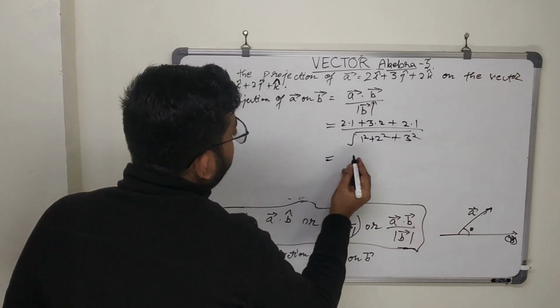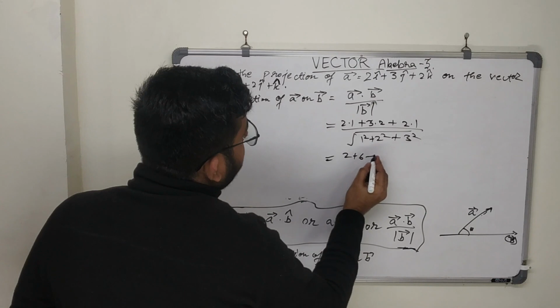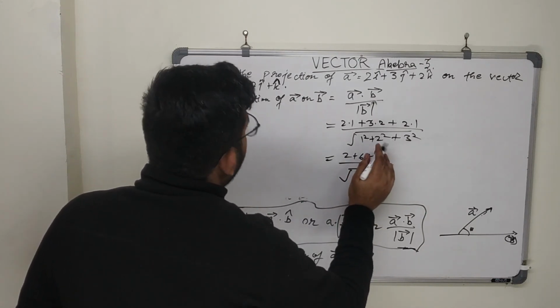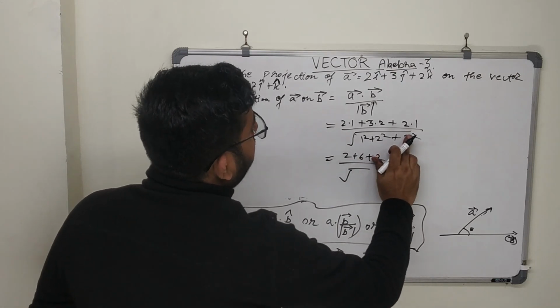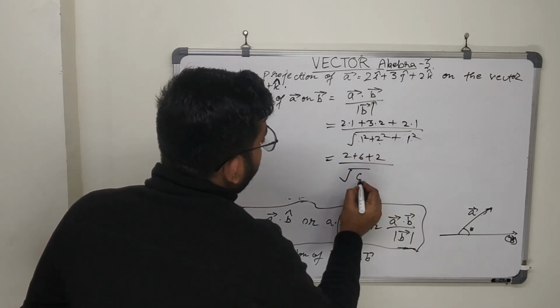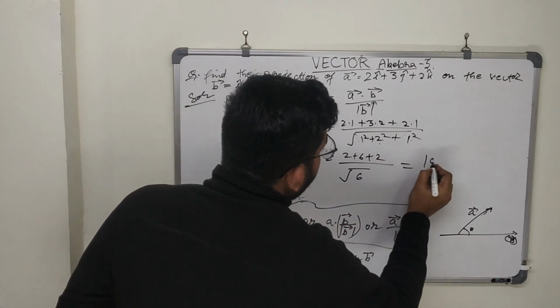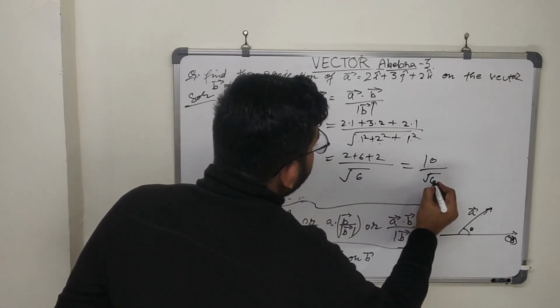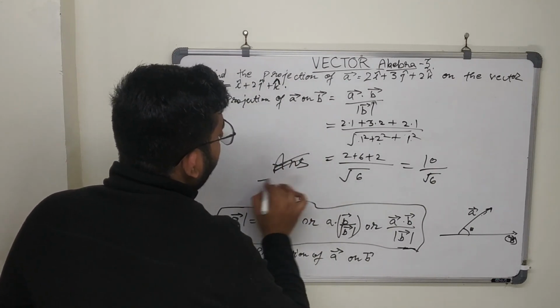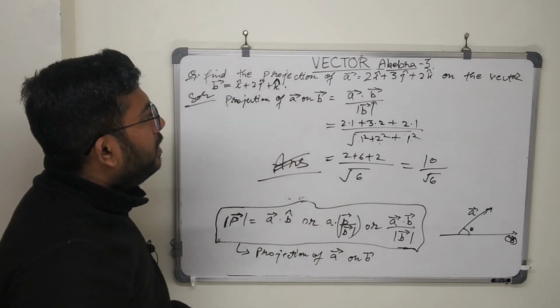Now simplifying, that is 2 plus 6 plus 2 upon under root of 1 plus 4 plus 1, that is equal to 6. So this will be equal to 10 upon root 6. This is the answer for this question. Please note it down.